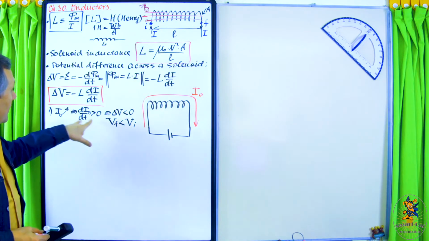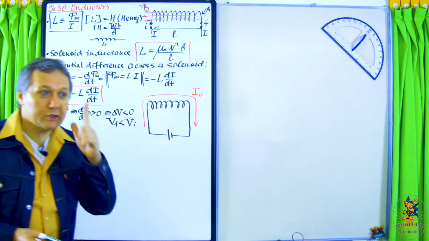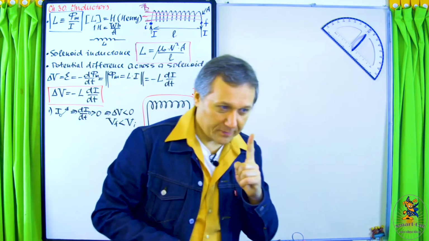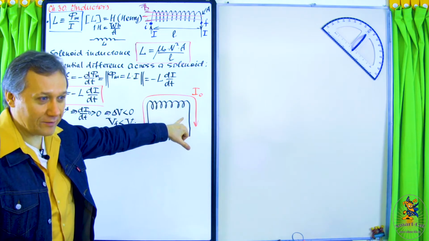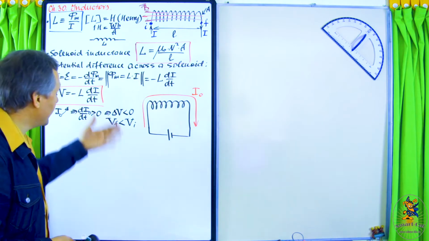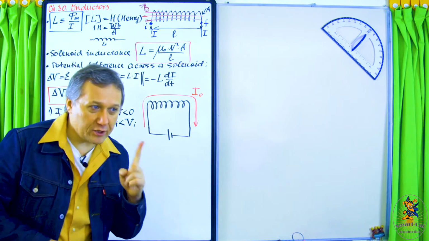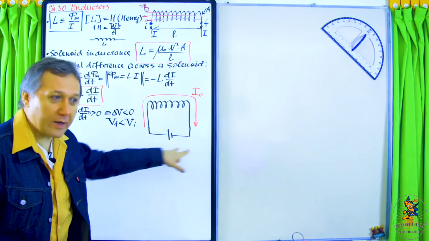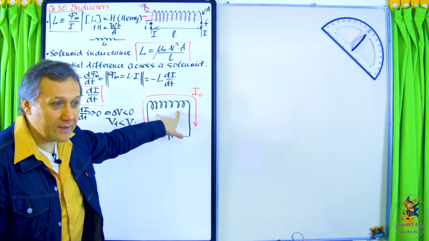So now delta V is negative, it's a response of the solenoid. Since the solenoid has some amount of energy, it can use that energy in some way. In this case, it used that energy to produce an additional potential difference, which is not produced by this battery. No, it is produced by the solenoid.